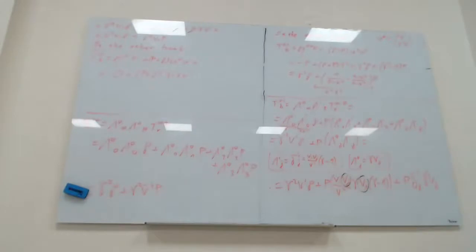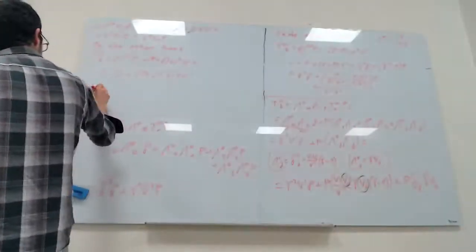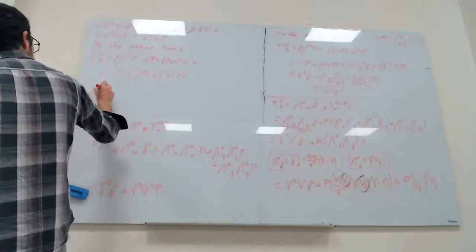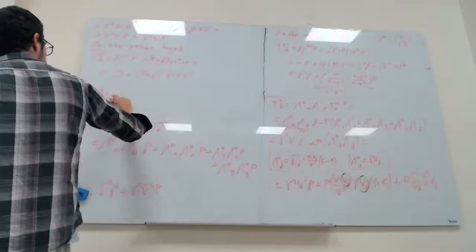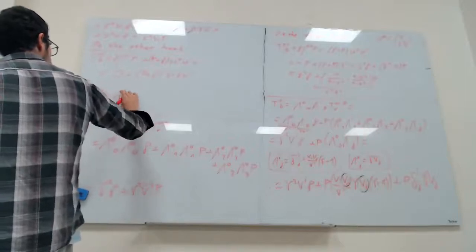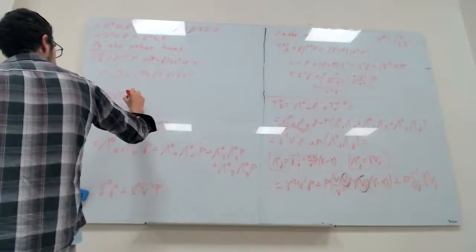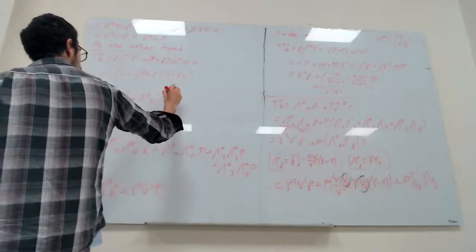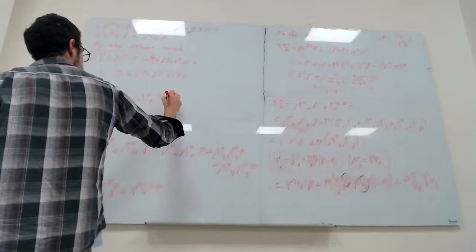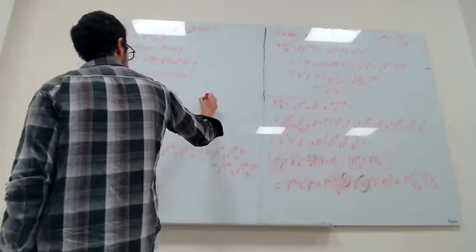Okay. For T ij b equals lambda 0 I alpha lambda j beta T alpha beta rest.